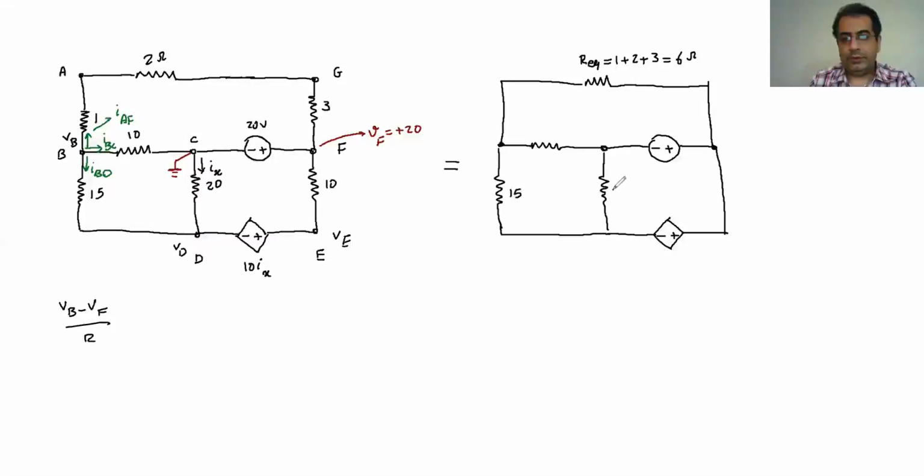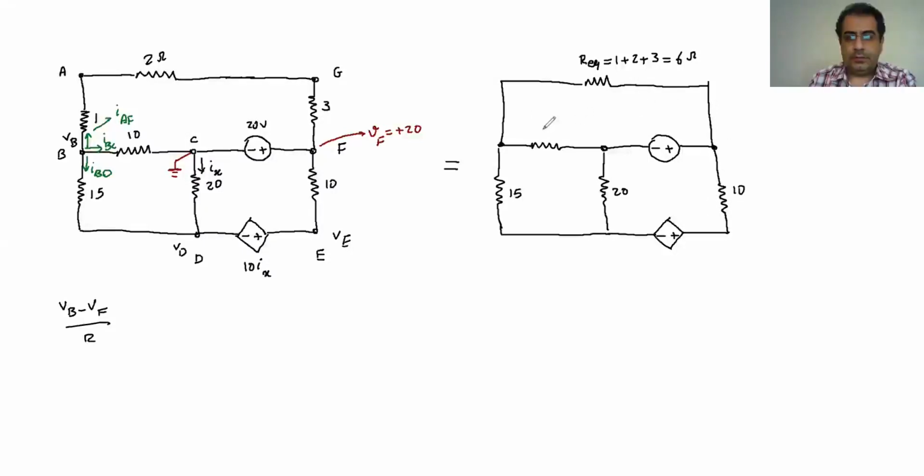And then I have the 15 here. I have a 20 here. Oh, here also I have, let me see. Forgot, I have 10 here. So it's a 10 also here.